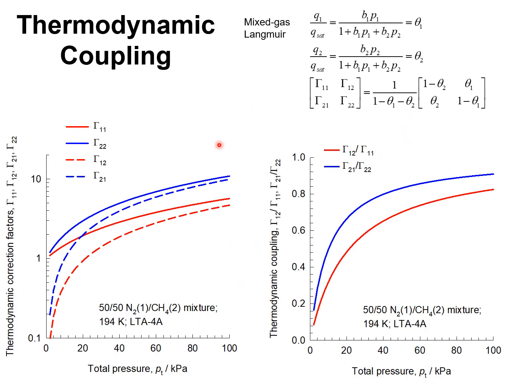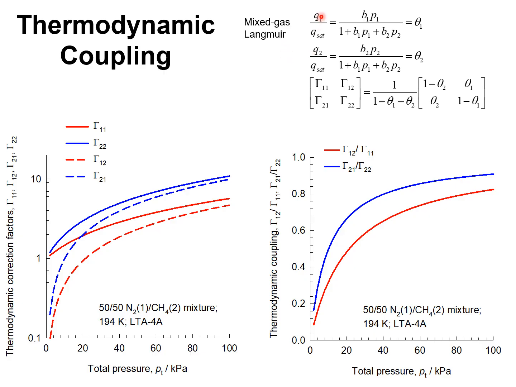Based on the single site unary isotherm fits for nitrogen and methane in LTA4A zeolite, we can apply the mixed gas Langmuir model to describe a mixture adsorption equilibrium.